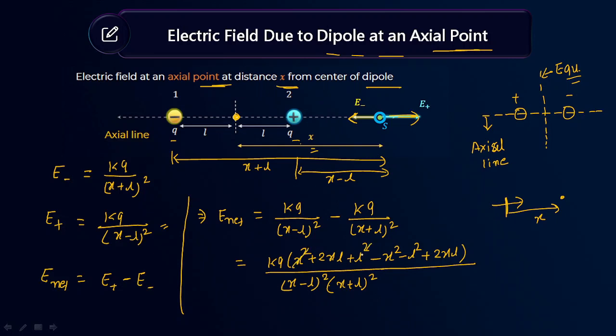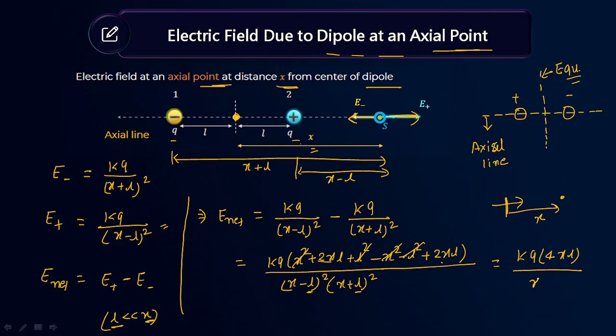So now X square L square, X square L square we can cancel, and now we are left with 2XL and 2XL, that will be 4XL. So KQ into 4XL divided by, now see here, in general cases what we take is L is very small compared to X. So if X is very large compared to L, separation is very small compared to length, so we can neglect this L, right?